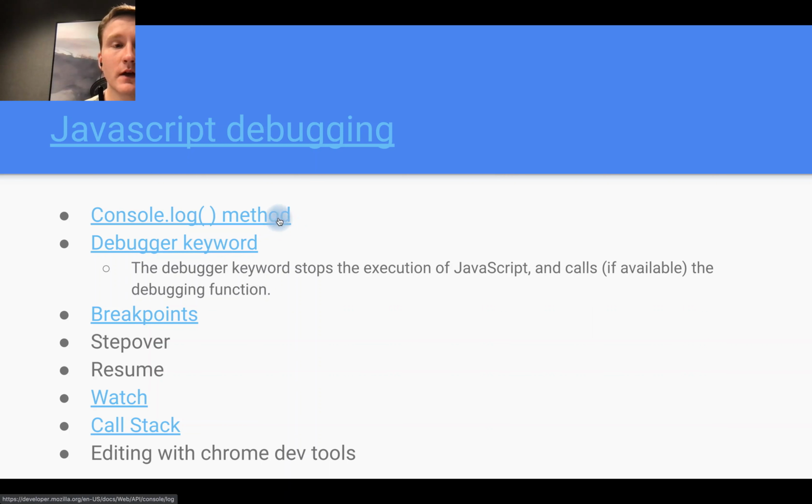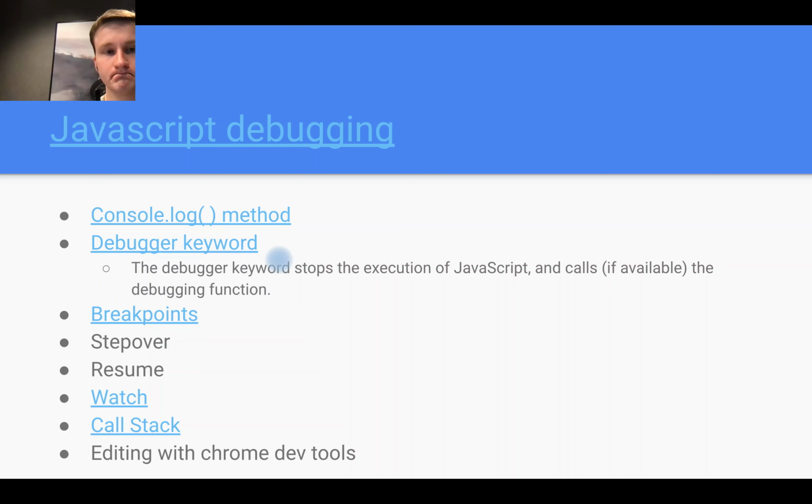Right. So we have the console.log method, the debugger keyword, breakpoints, watch, and call stack. So who can tell me what the debugger keyword does without using what's in the slides? You enter the word debugger into JavaScript, and it will notify you whether it's running or not.